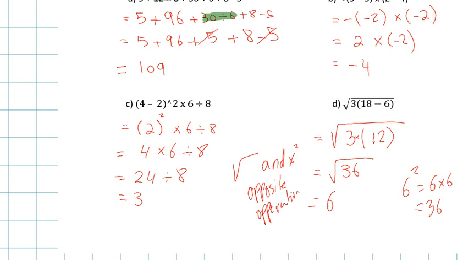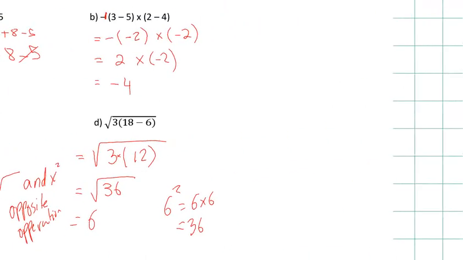When I do the square root of 36, I get 6. Okay? Are we okay with this so far?